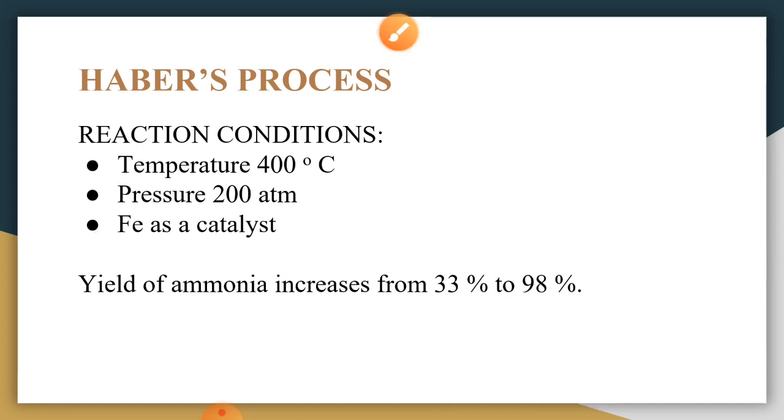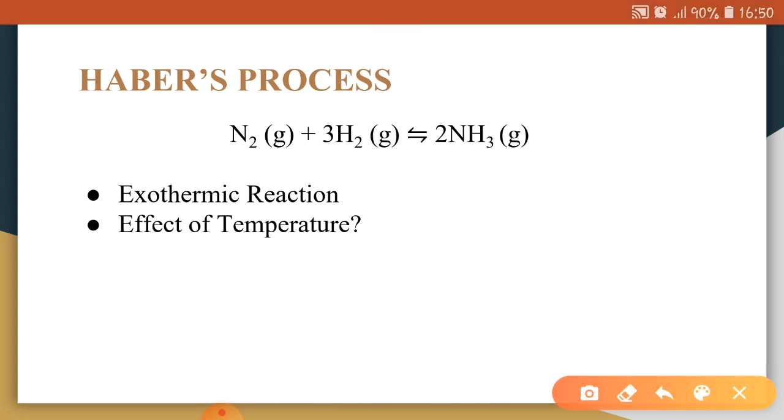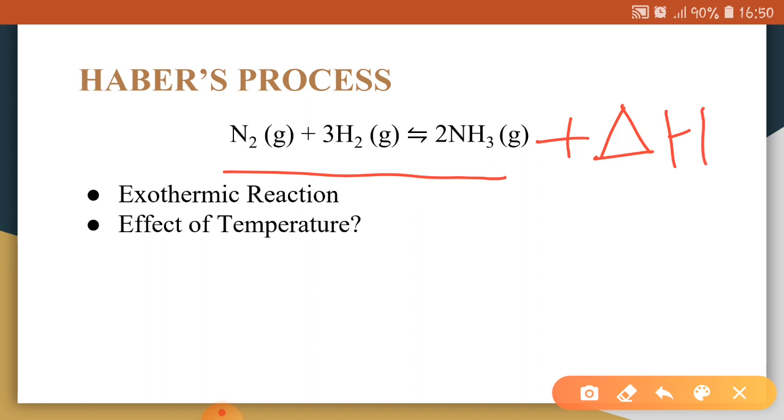Now, moving towards the effect of change in temperature for this process, we have an equation in which nitrogen and hydrogen react to form ammonia, and this reaction is accompanied by the release of heat energy.